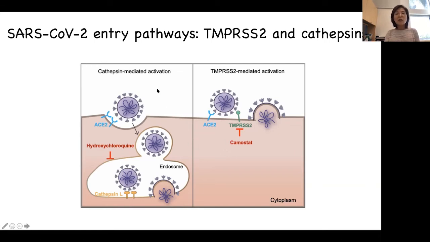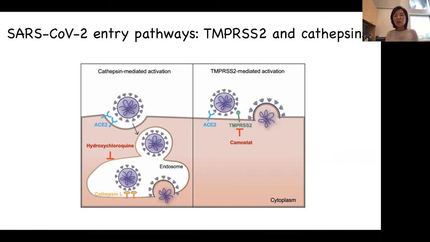So SARS coronavirus 2, like SARS coronavirus. For convenience, I'm going to just say SARS-1 and SARS-2. SARS-1 used these two entry mechanisms. So does SARS-2. One mechanism is, as Mike introduced, ACE2.